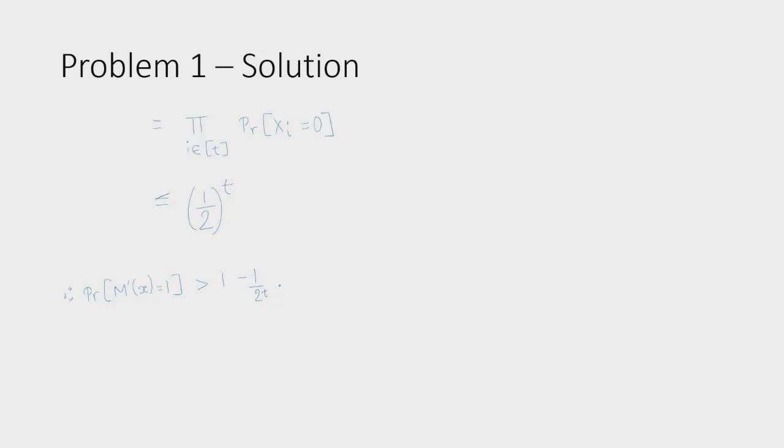It means that M prime repeats M n number of times. So let's say the running time of M was n squared, then the running time of M prime would be n cubed. So if the running time of M was polynomial in n, then the running time of M prime would also be polynomial in n, right?